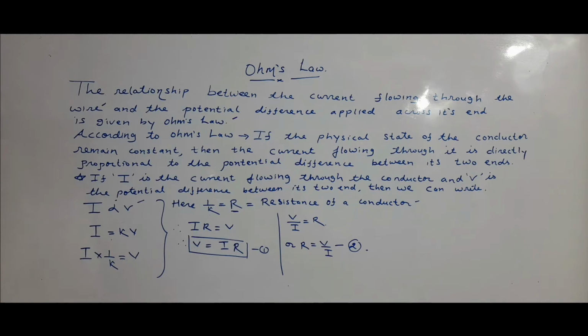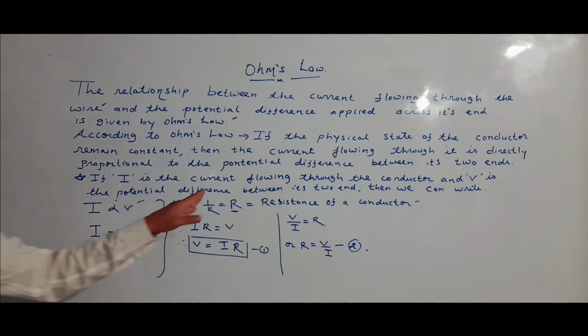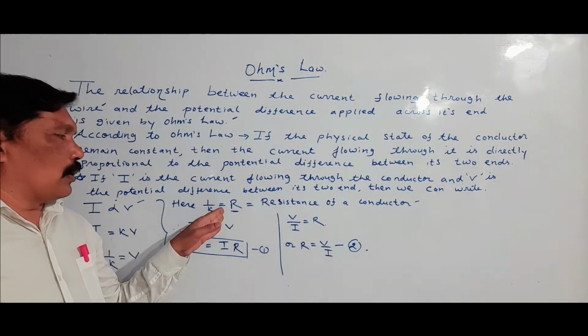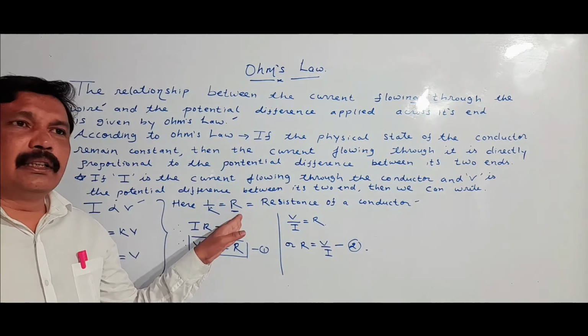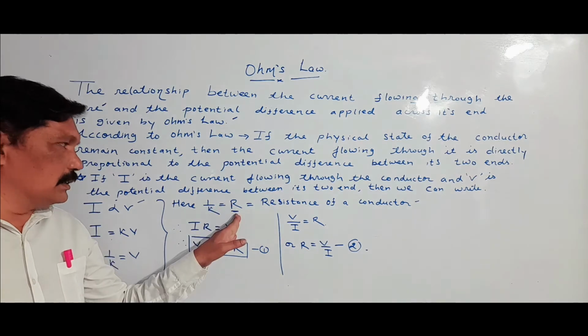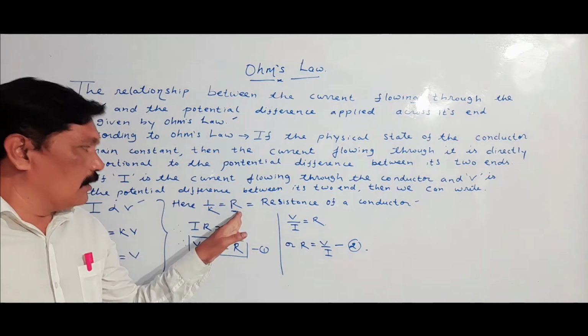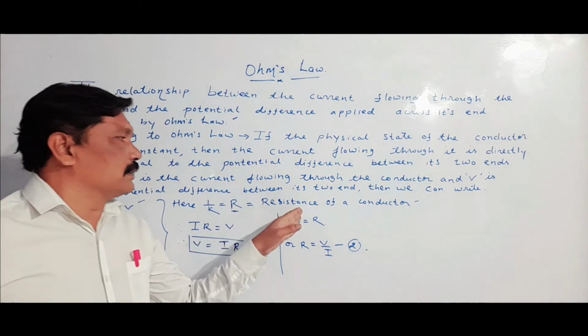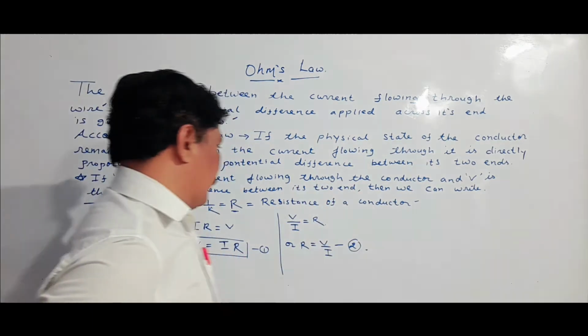Now my dear student, we can make some arrangement in this mathematical expression. We can take k to the other side of the expression. So the k which is in multiplication will come in the denominator. Here 1 by k is a constant and this constant is equal to resistance, and R, capital R, is the resistance of a conductor.